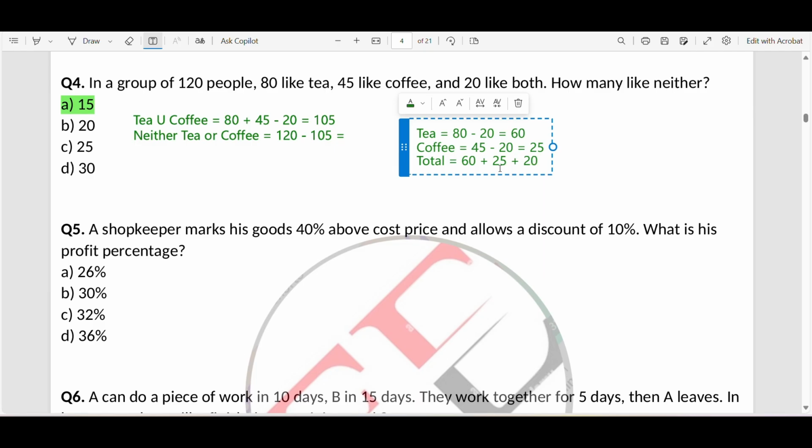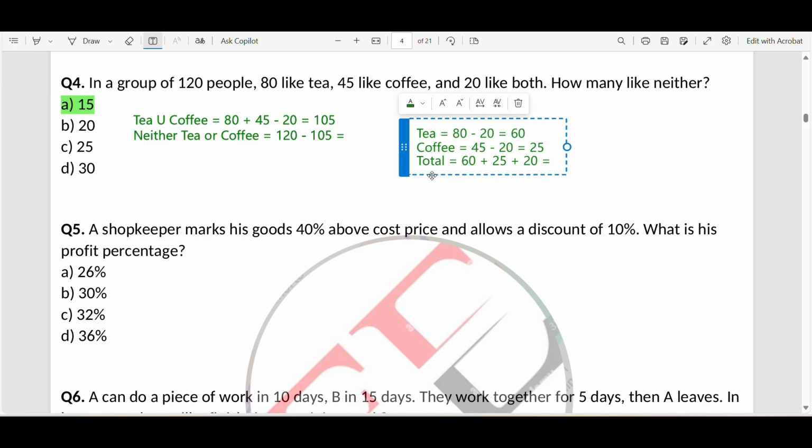And see here, 20 people like both. 20 people like tea, 20 people like coffee. So the total count would be... okay, yes.